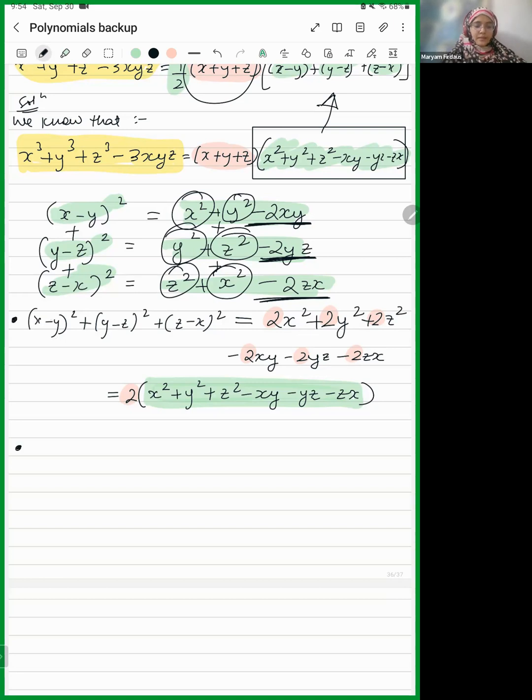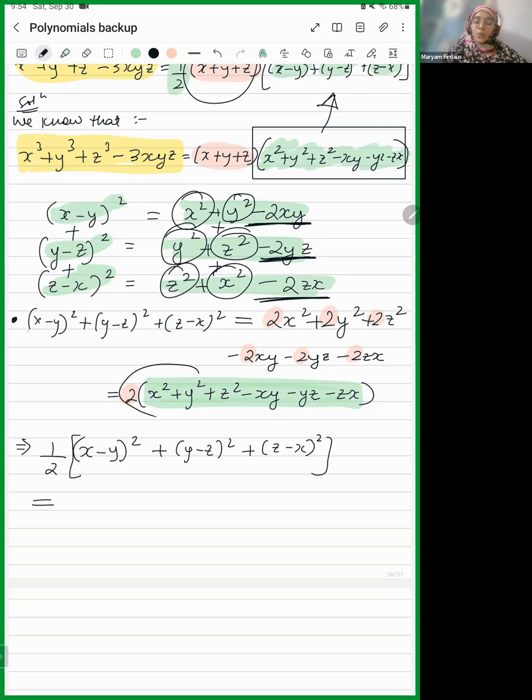That implies this entire thing on the LHS is equal to this entire thing on the RHS. If you divide the LHS and the RHS by 2, that becomes half of x minus y whole square plus y minus z whole square plus z minus x whole square. This is equal to the RHS divided by 2.